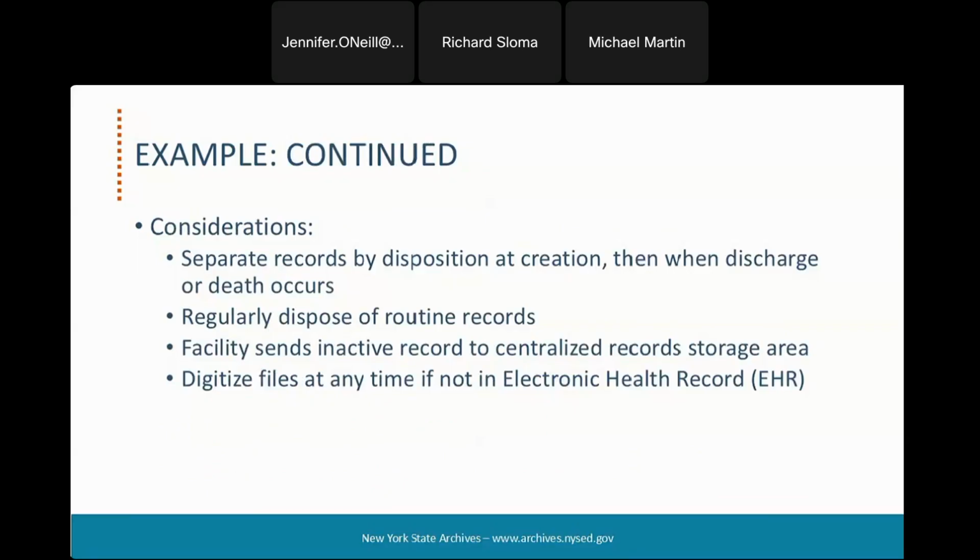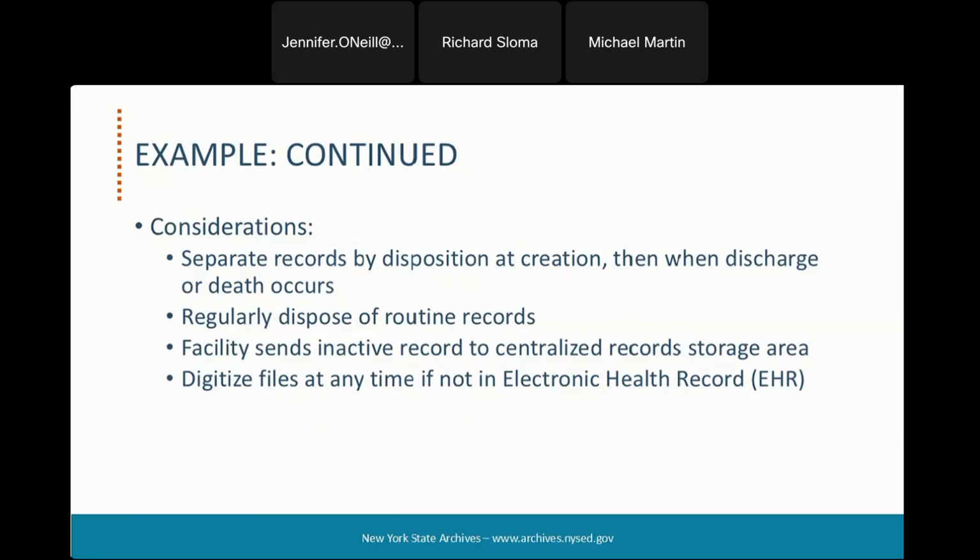So we strongly recommend that these patient files be separated by disposition at creation. I know some regional offices have color-coded sheets of paper for different types of documents, and that allows people, even people who aren't familiar with case files, to very easily dispose of records at the appropriate retention period.